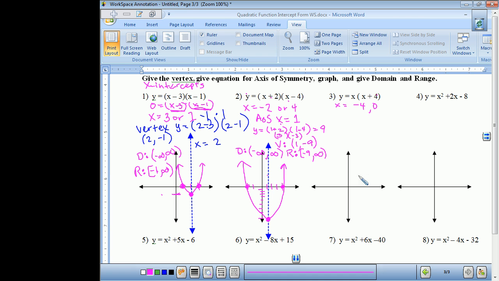Yeah, she was. That's like. From there, you gotta figure out your axis. Okay.